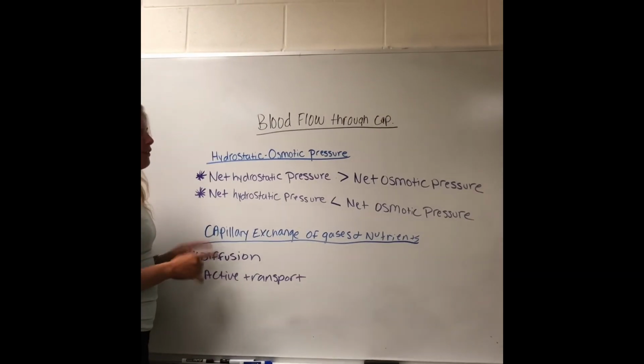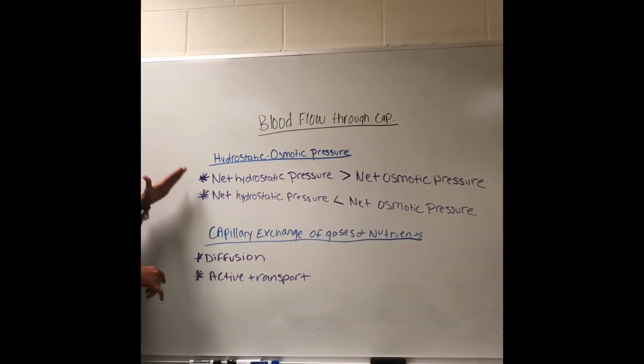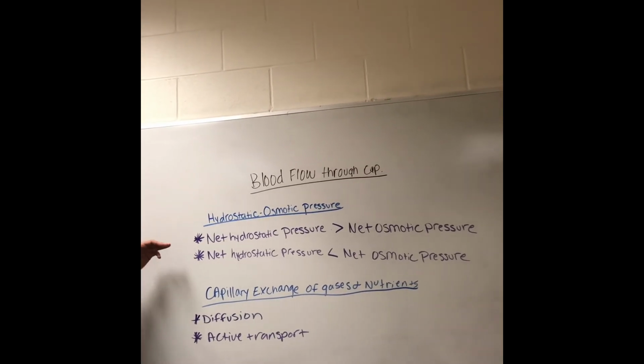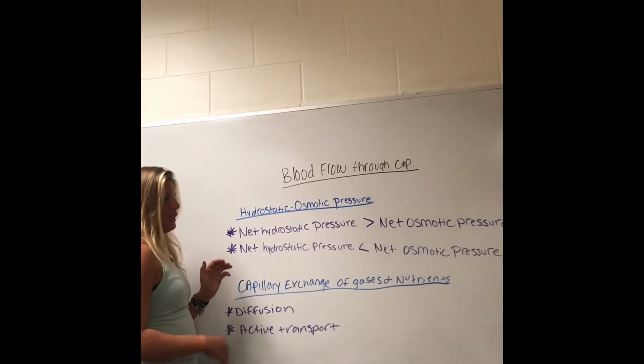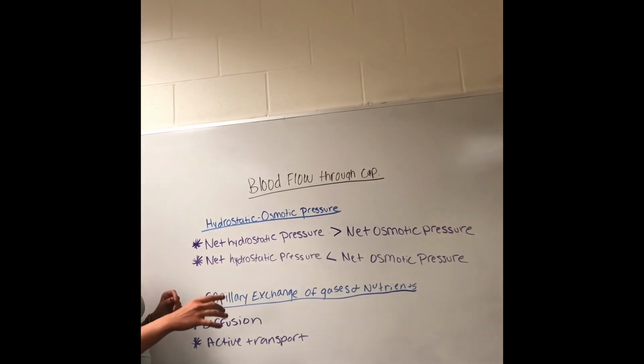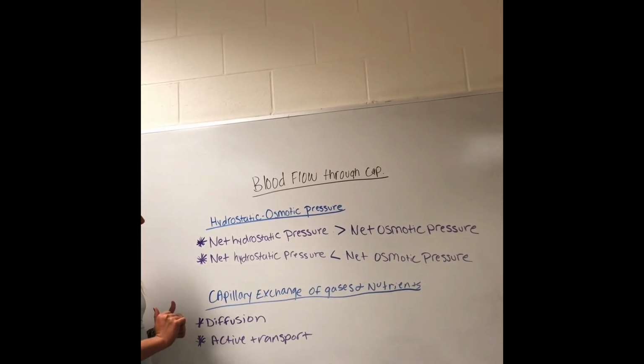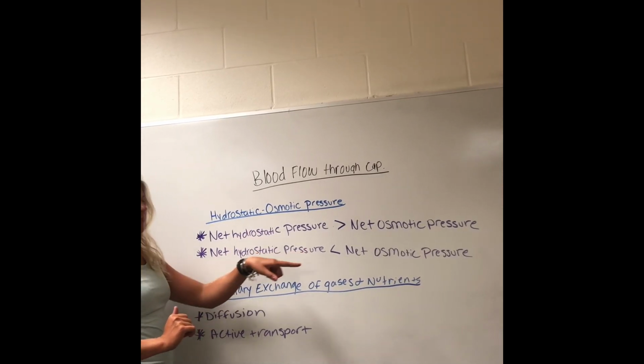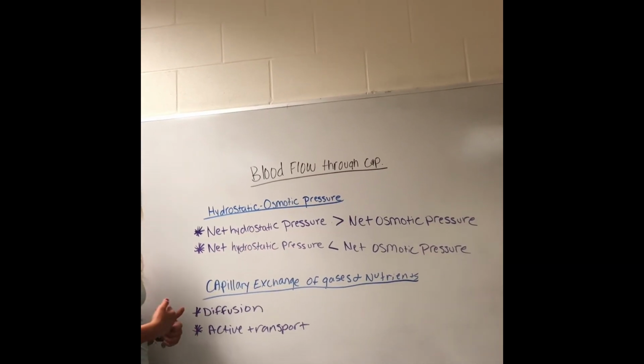Okay, so this is blood flow through capillaries. You have your hydrostatic and osmotic pressure. When your net hydrostatic pressure is greater than your net osmotic pressure, fluid is going to move out of the capillaries, and when your net hydrostatic pressure is less than your net osmotic pressure, fluid is going to move into the capillaries.